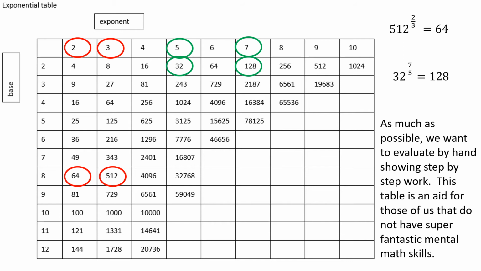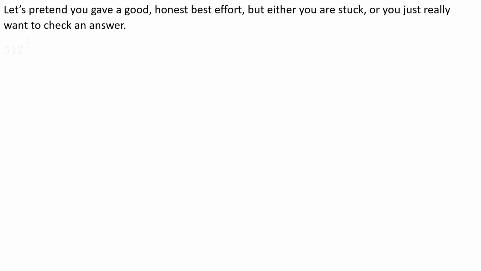Oh, it looks like it's going to be 8, right? 8 to the 3rd power is 512. And so this table could be very, very useful. If worst comes to worst, however, sometimes you're like, whoa, right? I tried to do it by hand. I looked at that table. I tried to use everything, and I'm stuck.